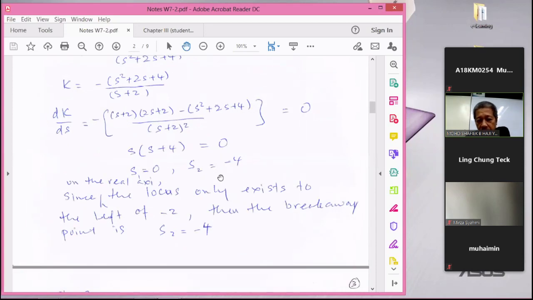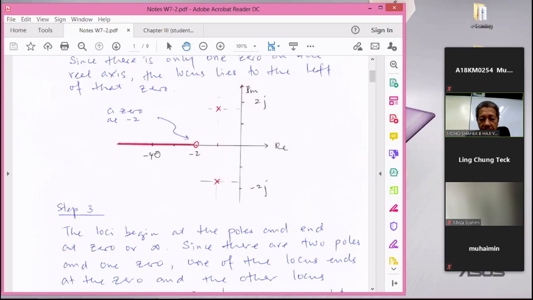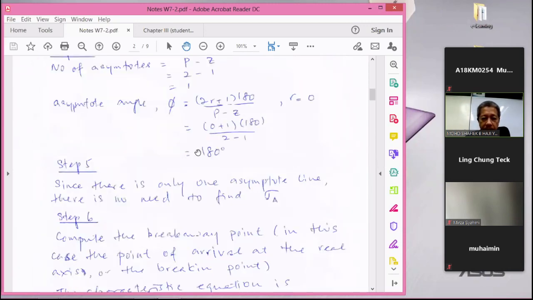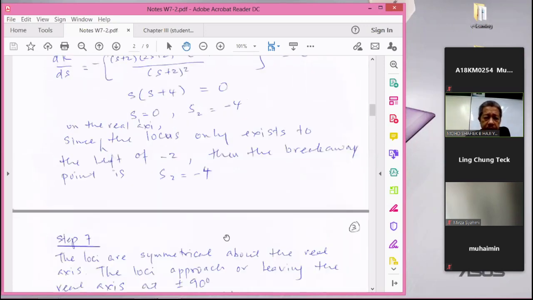We take s equals -4 because -4 is located on the locus. There's no locus to the left of -2, so we drop the first solution of 0 and only maintain -4. So this is our breakaway, or in this case, a break-in point. It is where our locus will enter the real axis.